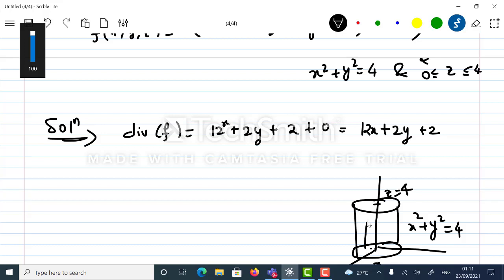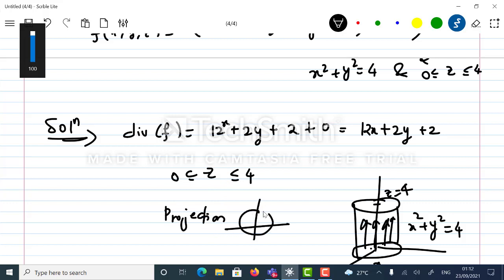So if I go for the cylindrical transformation, then any vertical line starts from 0 and ends on 4 only. So my z range is 0 to 4, and if I project this, then the projection will be a nice disk whose radius is 2: x² + y² less than or equal to 4.